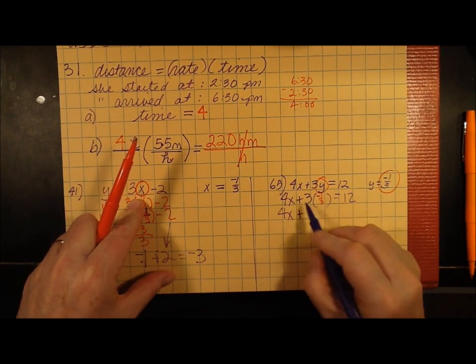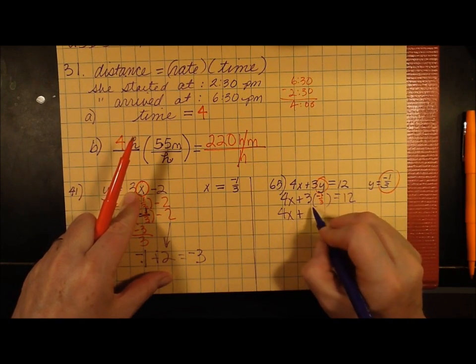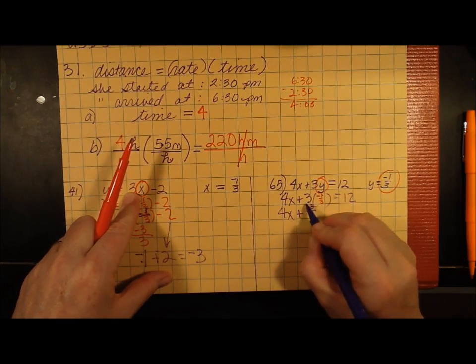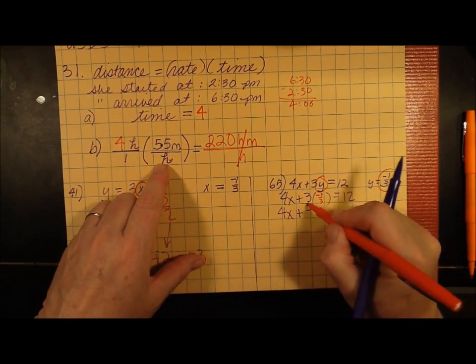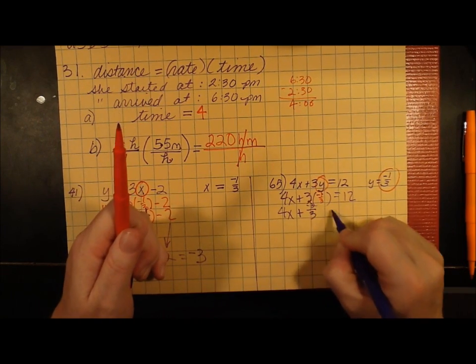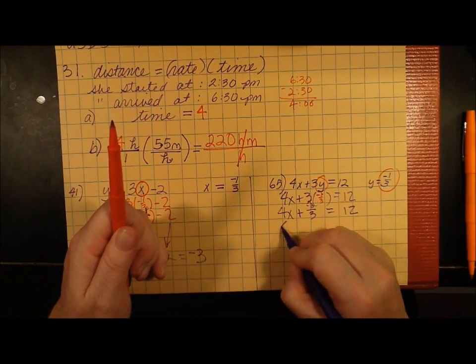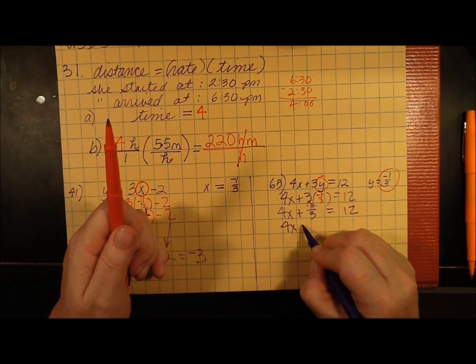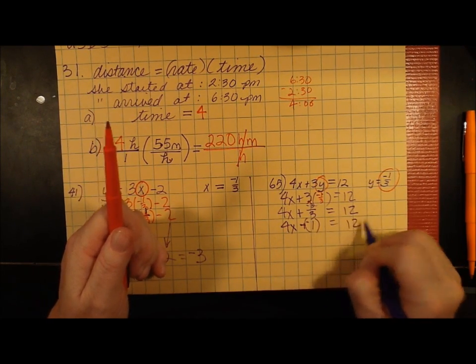4x plus 3 times negative 1 is negative 3. And remember, that's the same as over 1. So 1 times 3 is 3 equals 12. 4x plus negative 1 equals 12.